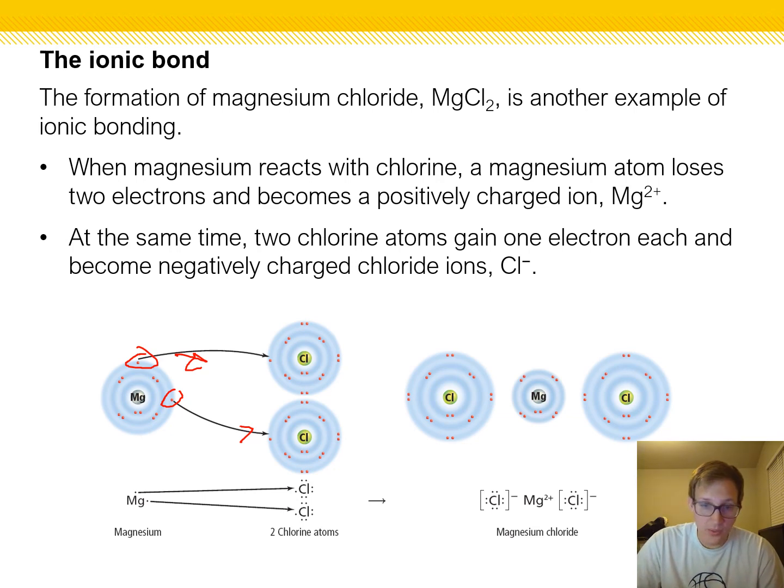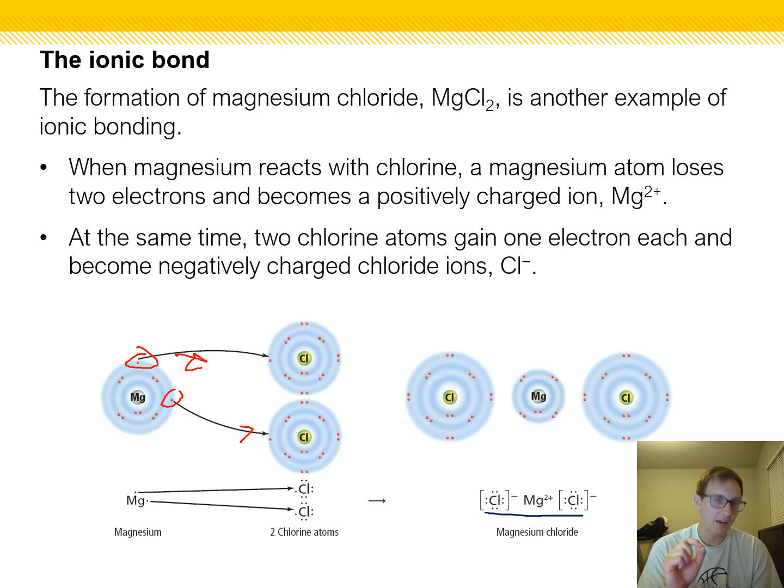The way that we would write that compound is written right over here. Brackets with a full chlorine Lewis dot structure. All 8 are shown there: 2 on the top, 2 on the bottom, 2 left, 2 right, with a -1. And then you can have magnesium 2+, and then another chlorine ion on the other side. So that's how we're going to be writing ionic bonds.